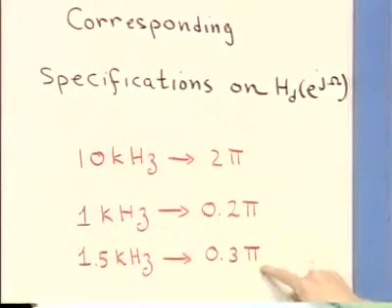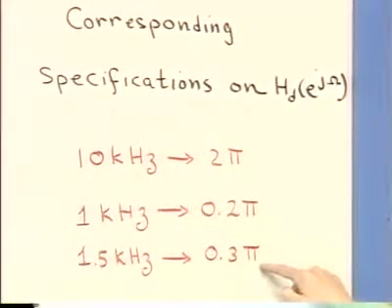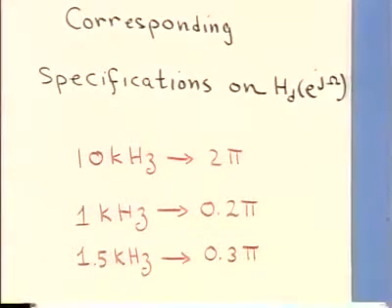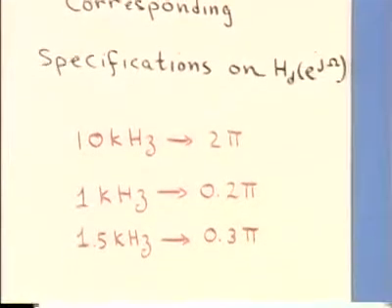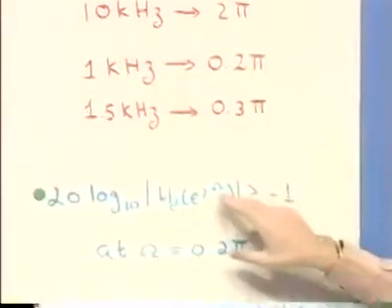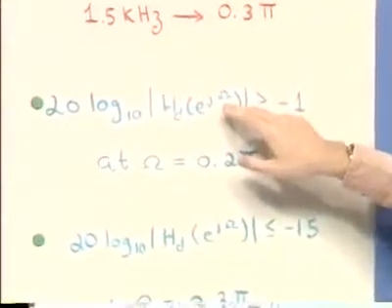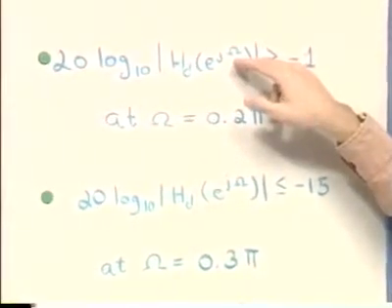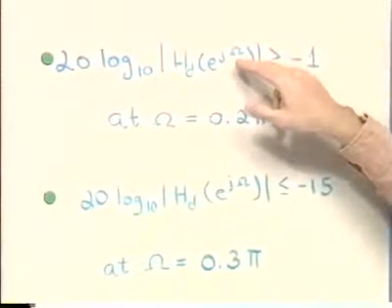So what this says is that for the discrete time filter, we would like the same specifications, but at frequencies normalized to the discrete time frequency axis.